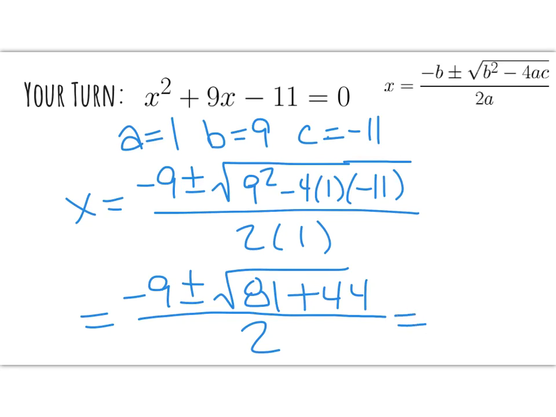We'll do one more step here before we have to clean this up. Negative 9 plus or minus the square root of 81 plus 44 is 125. So we have negative 9 plus or minus the square root of 125 all over 2.